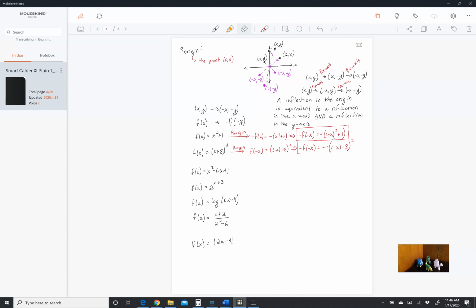Okay, and again, it might be helpful just to say, okay, this is really just negative x plus 8. Let's do this one, but let's do it both at the same time.